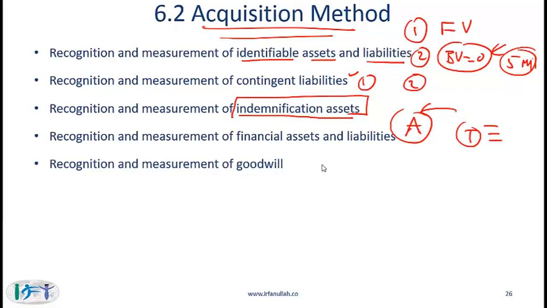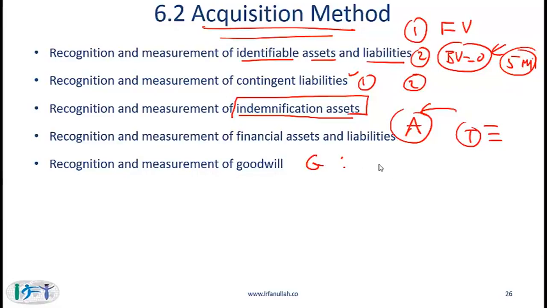When an acquisition takes place, there is goodwill if the price paid is greater than the fair value of the net assets which are brought over. As we will see in an example, there are two ways of measuring goodwill.